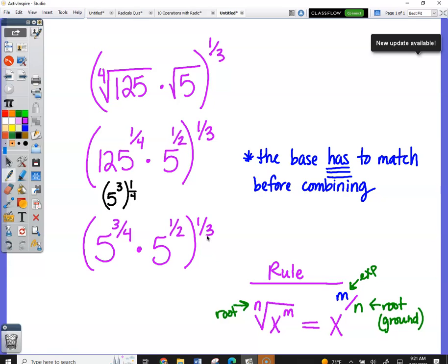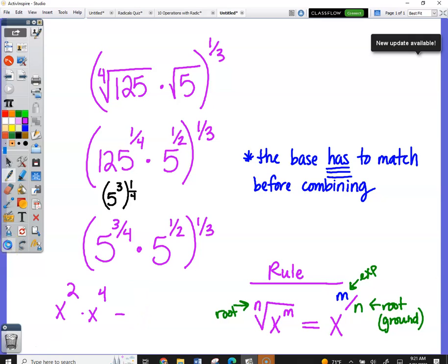Now the bases match. The rule of exponents is if I'm multiplying like bases, I add the exponents. Remember that? Like x squared times x to the 4th. And I said, think of it in expanded form. This is x times x. This is x, x, x, x. So how many are there? There's 6. So this would be x to the 6.